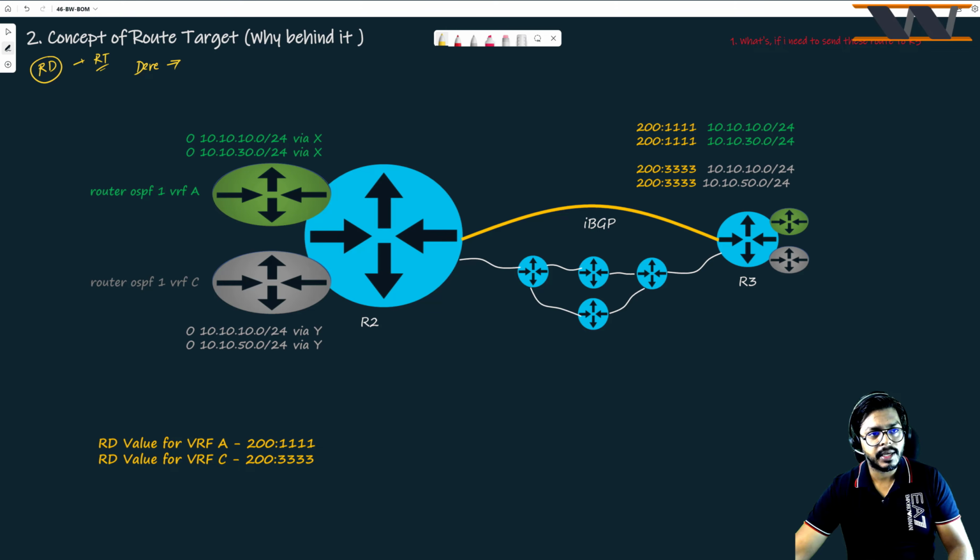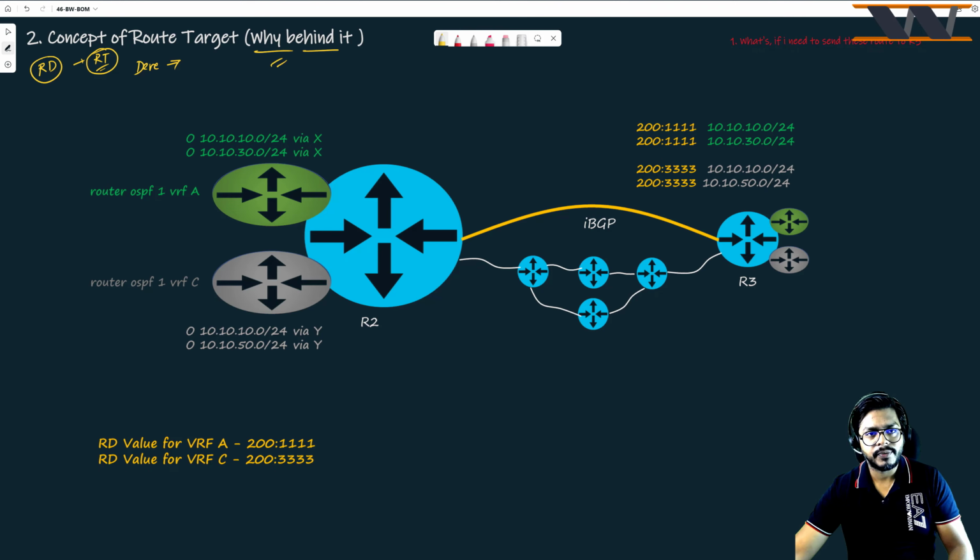So if somebody has written the code for RT, it is required or it makes the process much more efficient. It is not the case that we can work without RT. There are many scenarios where RT is absolutely necessary, and that is why they have made it necessary. But first, let's try to understand the why behind it.